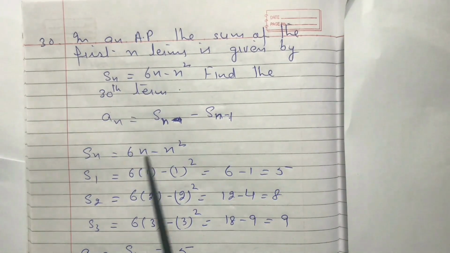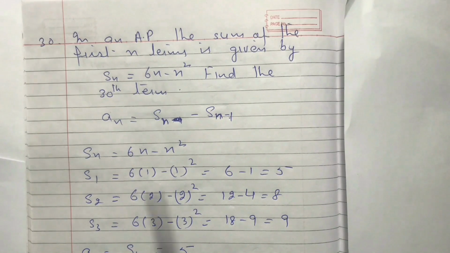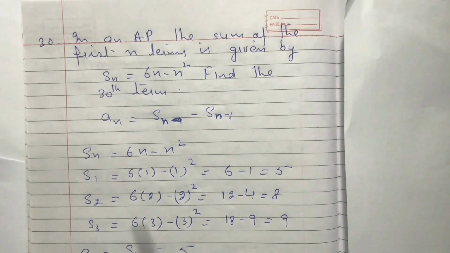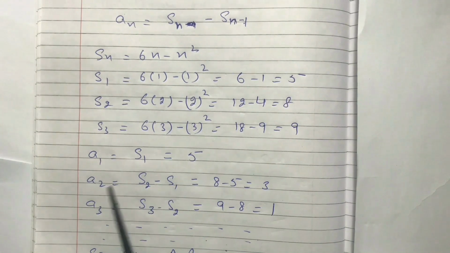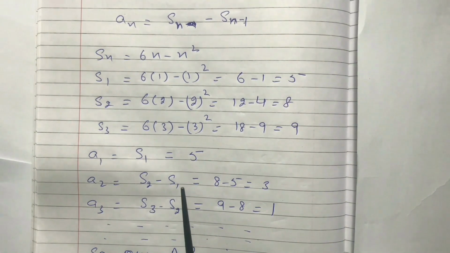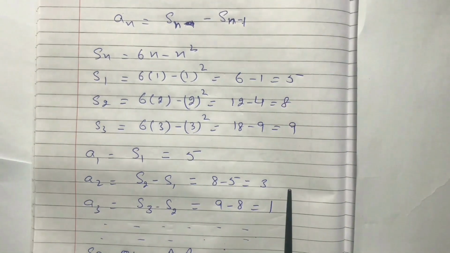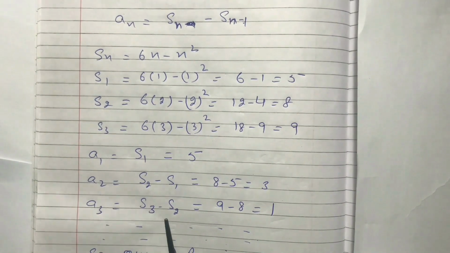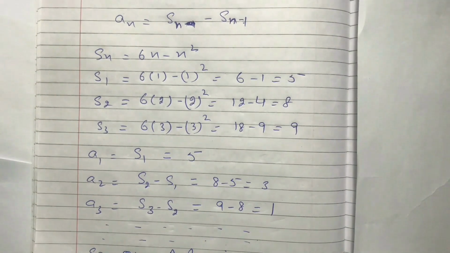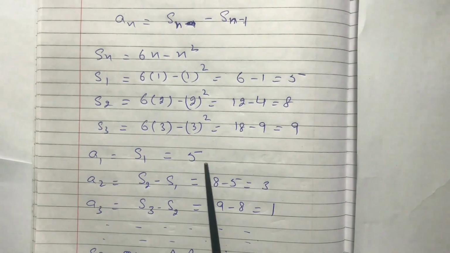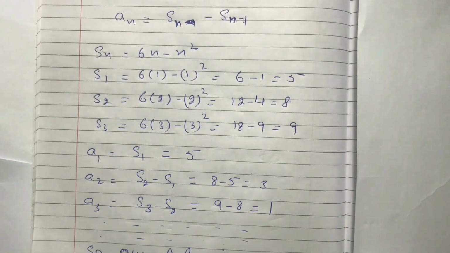Now Sn is 6n minus n square, S1 is 5, S2 is 8, S3 is 9, and A1 is equal to S1, which is equal to 5, A2 is S2 minus S1, that is 8 minus 5, which is 3, A3 is S3 minus S2, which is 9 minus 8, which is 1, and so on. So our AP becomes 5, 3, 1 onward.